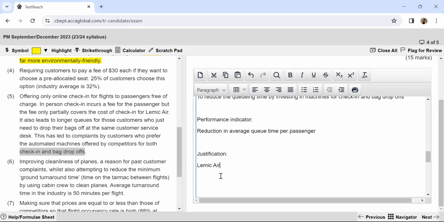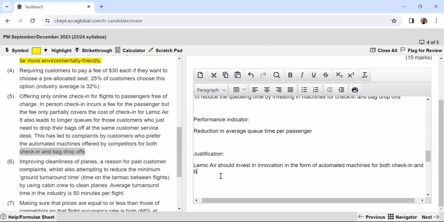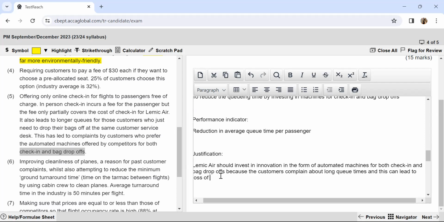So Lemic Air should invest in innovation in the form of automated machines for both check-in and bag drop-offs, because customers complain about long queue times, and this can lead to loss of repeat business from the customers.